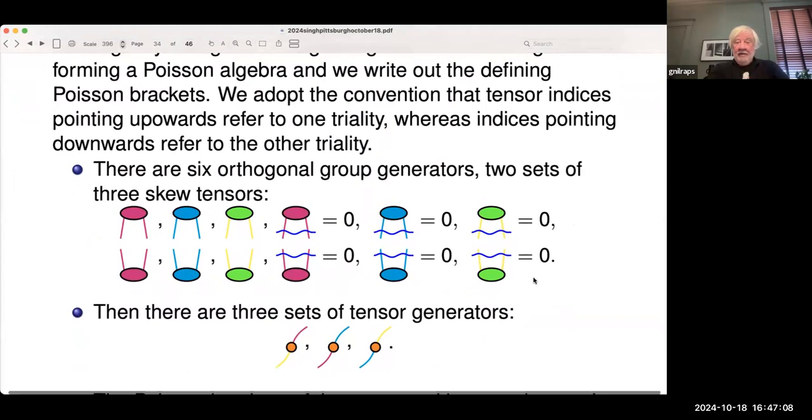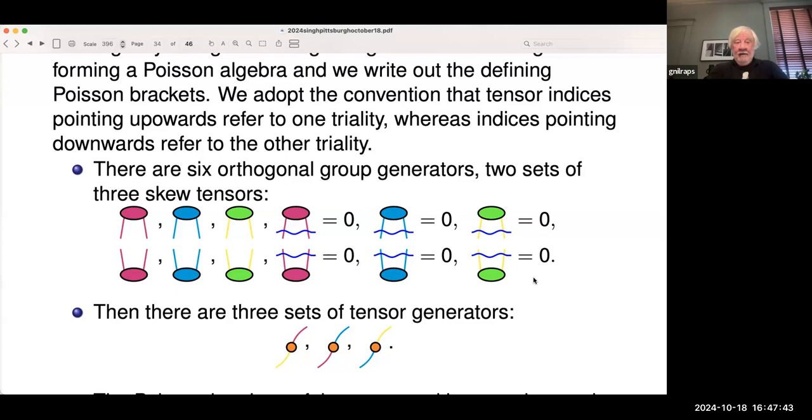If you want to count dimensions, suppose you're in 8 dimensions, the 3 skew tensors each give you a Lie algebra of dimension 28. But in 8 dimensions, the constraint of preservation of the triality actually gets rid of 2 of those. You can determine 2 of them in terms of the other one. So the blue and green one would be determined in terms of the magenta.